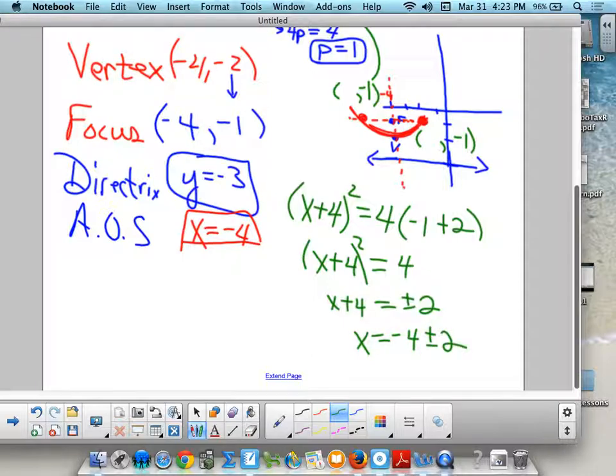So we should know these points are negative 6 and negative 2. I think. Yes, we got it. That's it. Endpoints of your parabola right there. There they go. And there it goes. Okay.